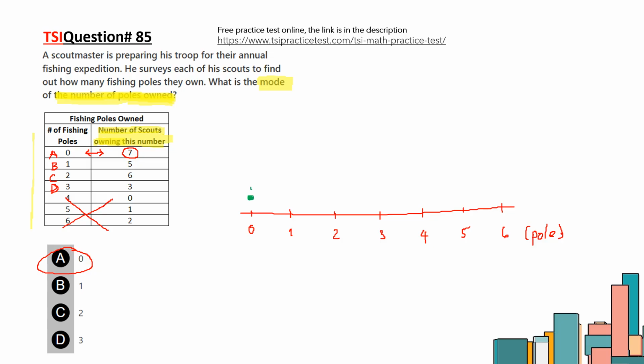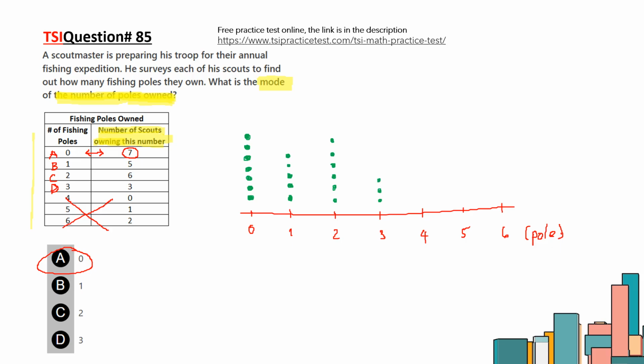So let's represent it with dots. For one pole owner, you will have 5 people. Okay, so for 2 poles, you have 6 people. For 3 poles, you have 3 people.